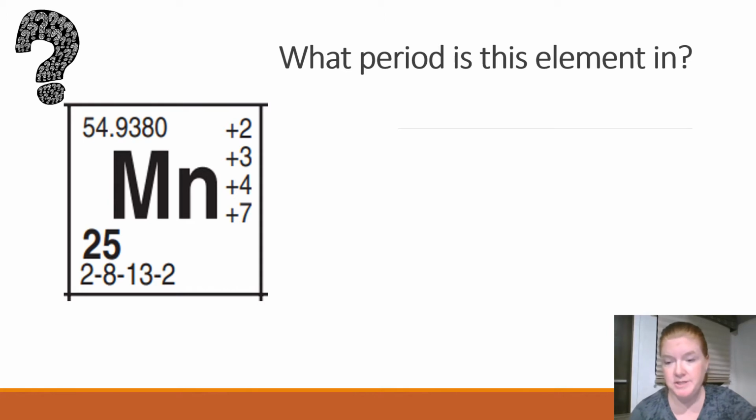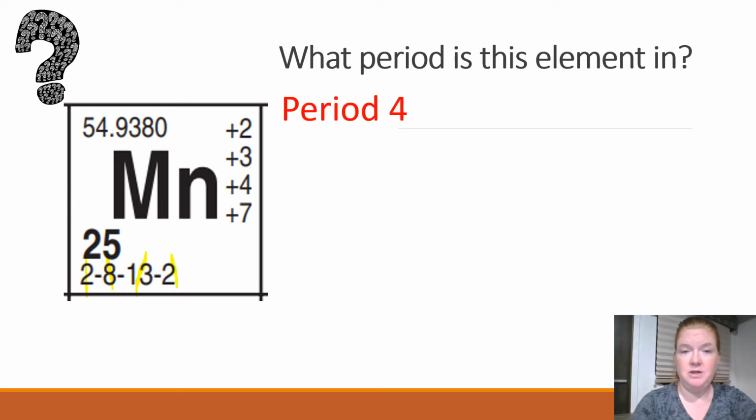First, you could hunt it out on the periodic table and look across, but we can figure it out anyway. Remember, the period is the number of energy levels. So how many energy levels does this have? It has 1 energy level, 2, 3, 4 energy levels, which means it has to be found in period 4.